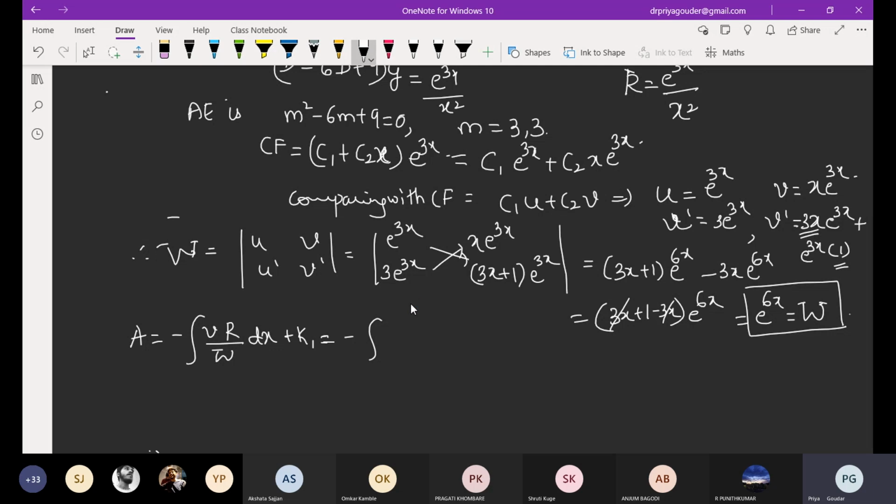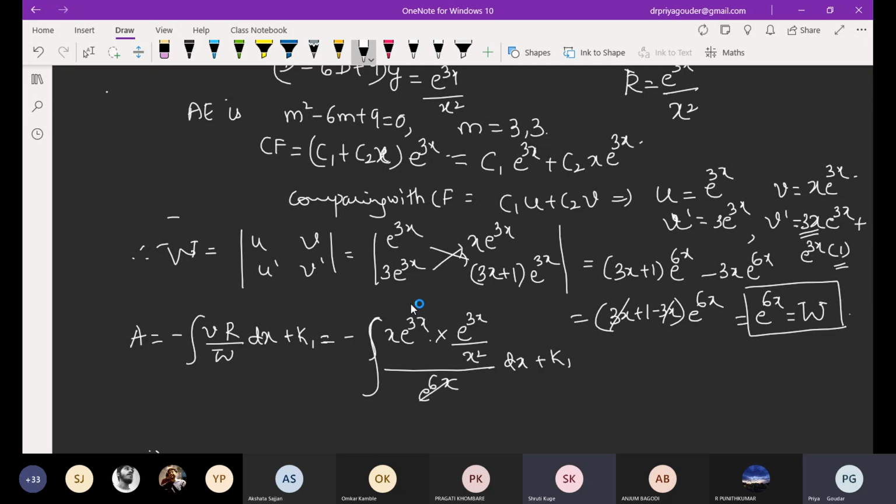Okay, right. Take the parameters. What is the formula? A is minus integral of v R by W dx plus K1. We have got all the setup, not to worry. What is v for this problem? x e raised to 3x. What is R? e raised to 3x upon x square. Whole divided by W, what is W? e raised to 6x.